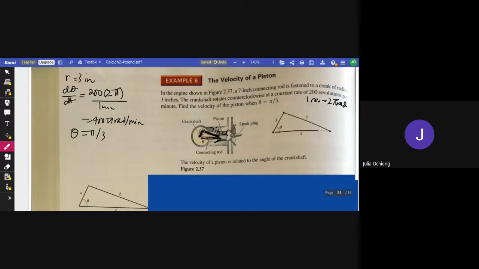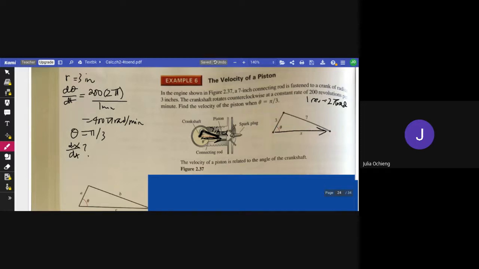So this right here in the triangle is the piston. So dx over dt is what they're looking for. This is the radius of the circle. Something is cranking this circle round and round. And every time this circle goes round and round, this thing pushes back and forth, so that the piston moves back and forth.